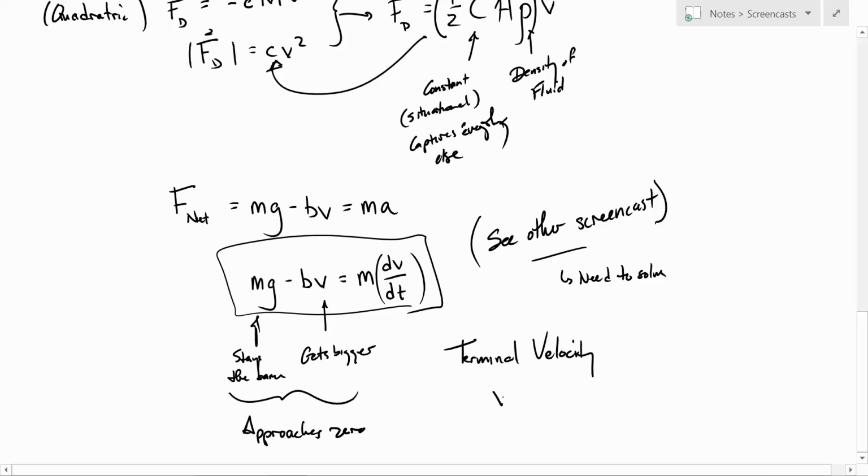Terminal velocity is this velocity, I'll call it Vt, such that mg minus bVt is equal to 0. So it's the velocity at which your acceleration equals 0. You stop accelerating, terminal, final velocity. Alright, that is an important thing to take away.